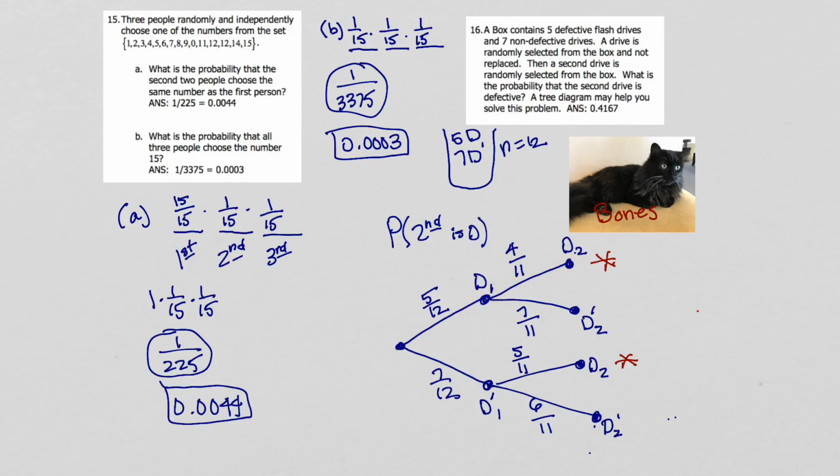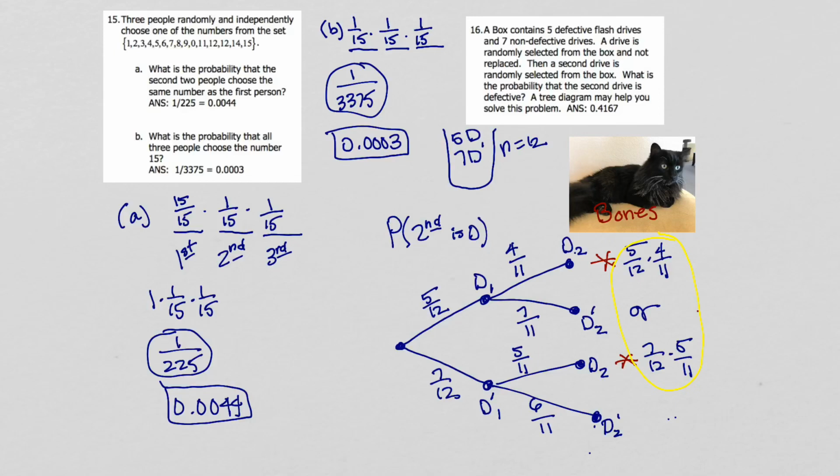So what you get is 5/12 times 4/11, or you can go this way, down here and here, to get a non-defective on the first and a defective on the second. So if you go here and here, you're moving along 7/12 and 5/11.